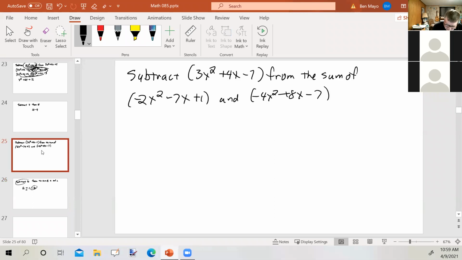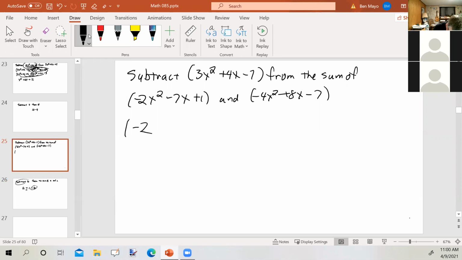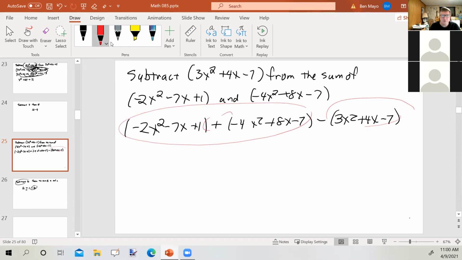So subtract 3x squared plus 4x minus 7 from the sum of the other two. So I'm going to write this plus that minus that. So I'm subtracting this from the sum of those.